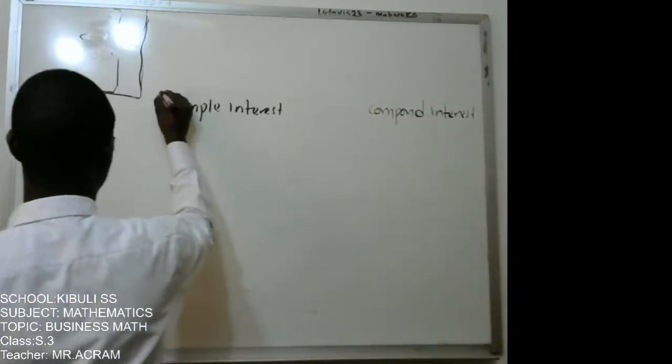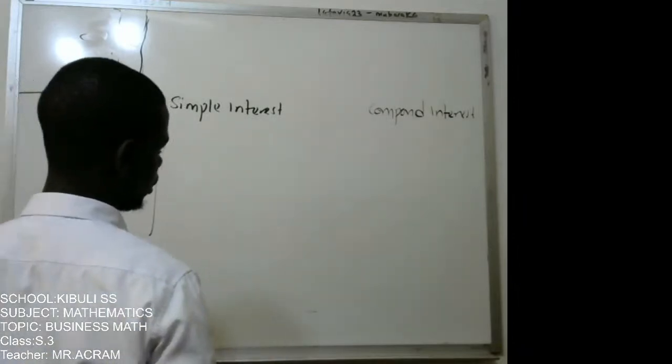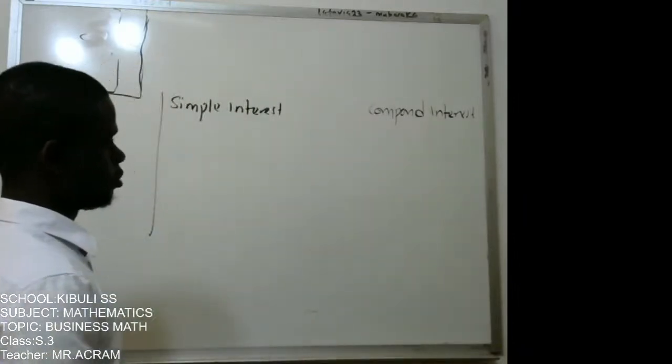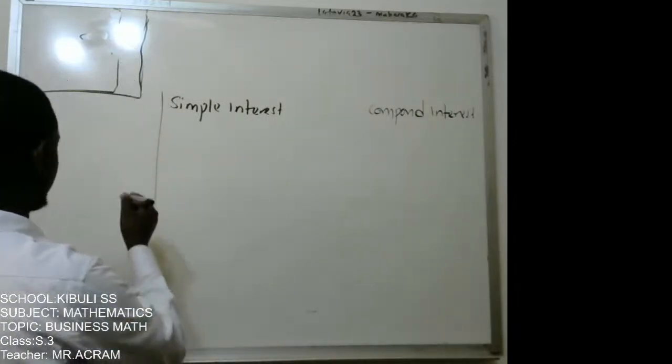Now we have the formulas, or the time that you're going to spend while borrowing money under compound interest. We have the first year.